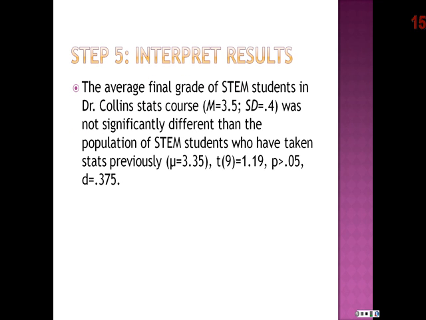And now what we need to do is interpret the results. So what we would say in a section like this, if we were writing out a results section, is the average final grade of STEM students in Dr. Collins' stats course, with our mean and standard deviation, was not significantly different than the population of STEM students who have taken stats previously, with the mean.